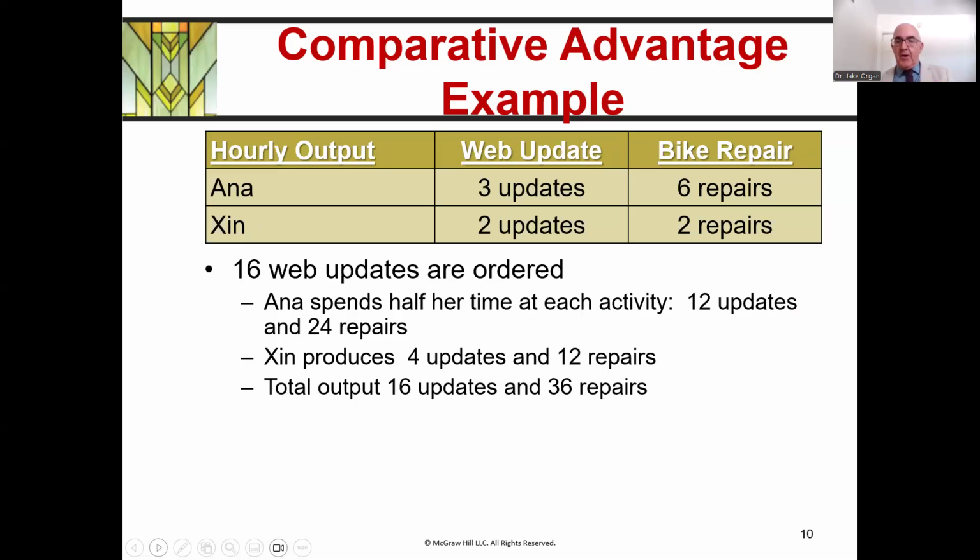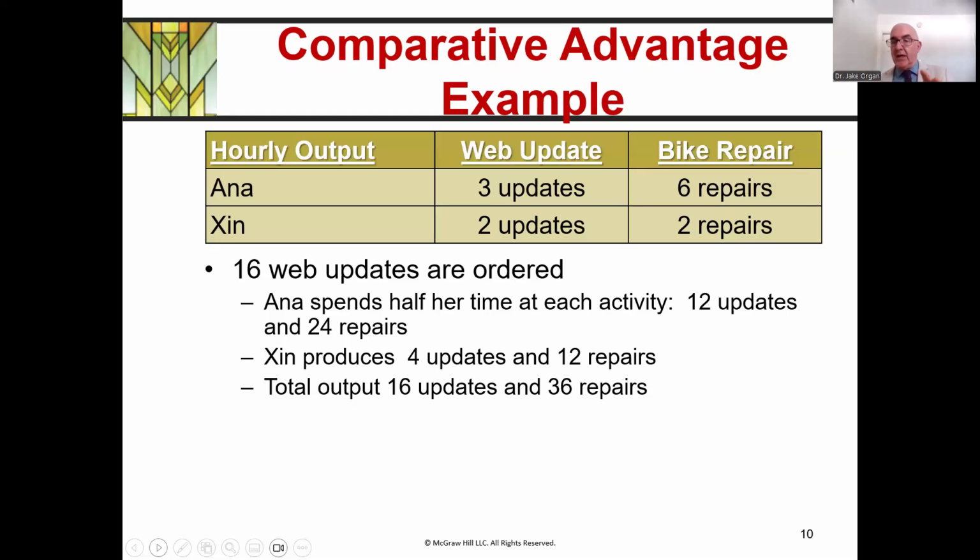Anna spends half the time on each activity. She'll be doing 4 hours of web updates, and 3 times 4 would be 12. Then she would do 4 hours on repairs, and that would be 24 repairs. So 12 updates and 24 repairs.